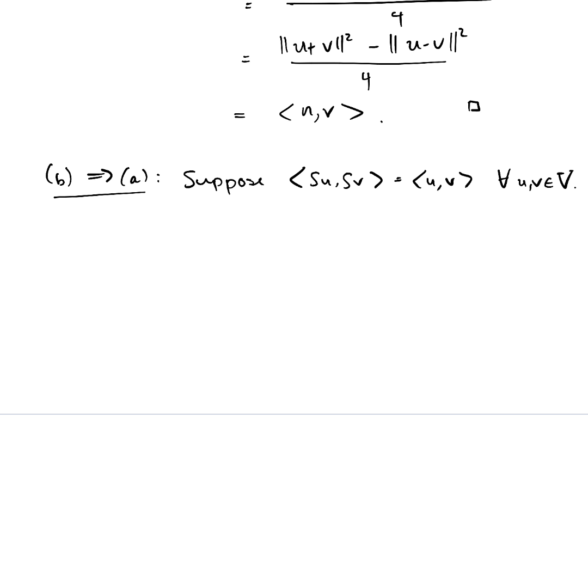We're trying to prove an if-then. We're trying to prove that if E1 through En are orthonormal, then SE1 through SEn are orthonormal. So let's assume E1 through En are orthonormal.